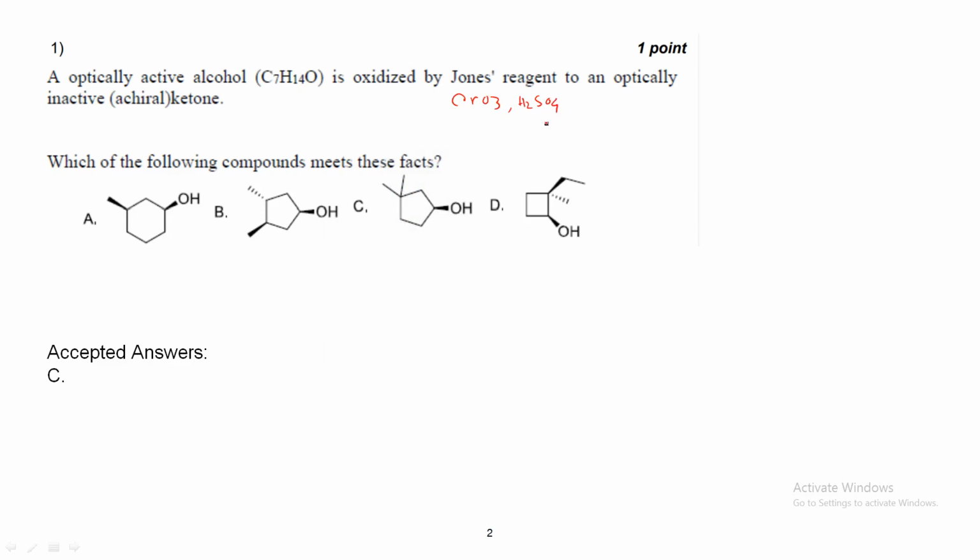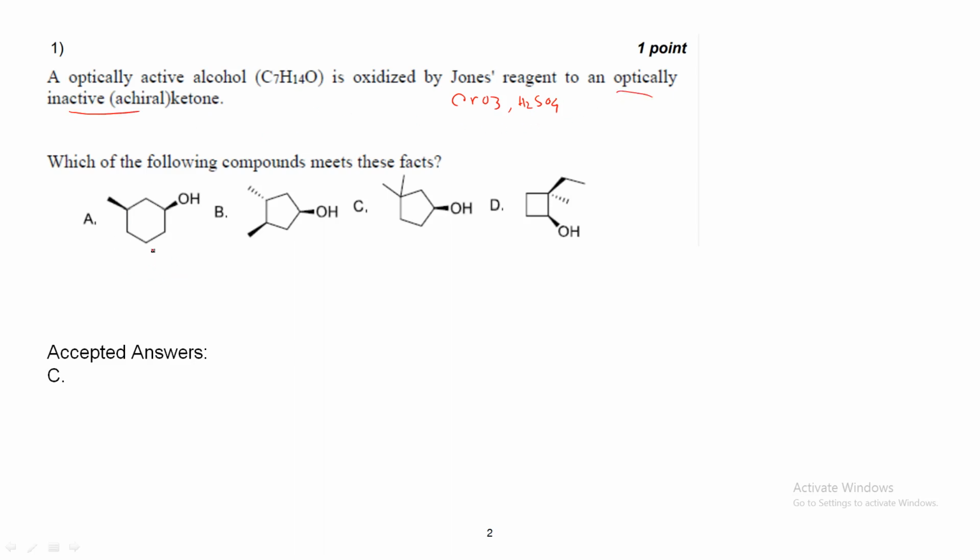This is just the Jones reaction condition for the oxidation of alcohol. So it oxidizes alcohol to its corresponding keto or aldehyde molecule. They are asking if we oxidize, the molecule would be achiral or optically inactive.